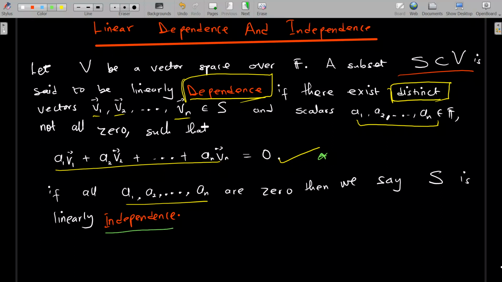I think the correct word should be linearly independent. Okay, so that is the definition for a linearly dependent set and a linearly independent set.